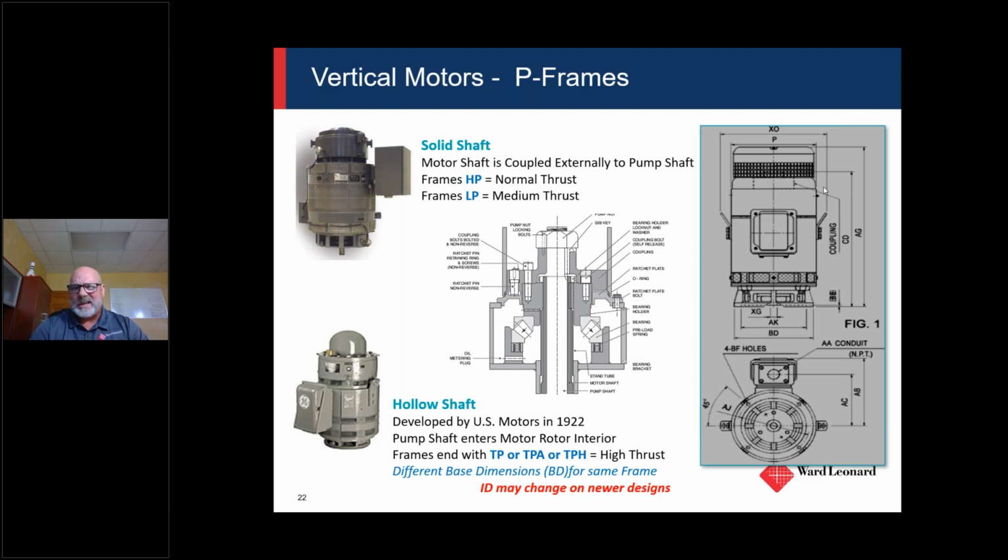And there's a couple different designs: a solid shaft and a hollow shaft. With hollow shaft, if you look at a multi-stage submersible pump, the shaft is going to come up and through, which is what this graphic in the center is indicating. It'll come up and through the motor shaft, and then there's a locking nut that goes on top where we lock the motor shaft to the pump rotating shaft.